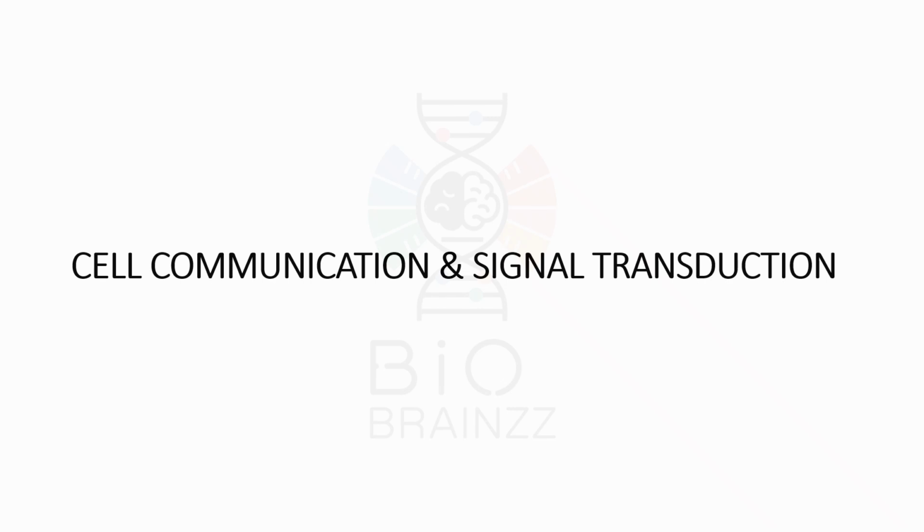Without communication, cells would not be able to function properly as a system. For example, hormones, growth factors, and neurotransmitters all depend on signaling pathways. This topic is highly important in GAT-B, especially pathways like MAPK and receptor mechanisms.